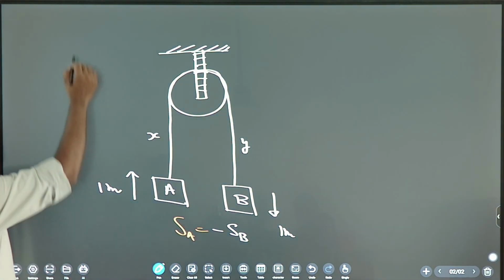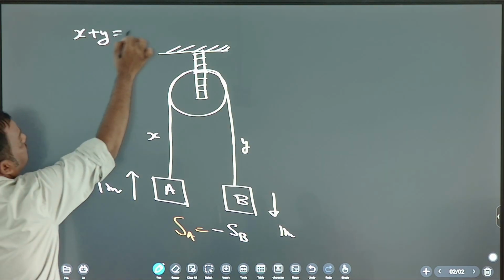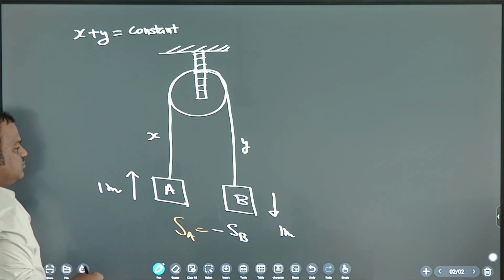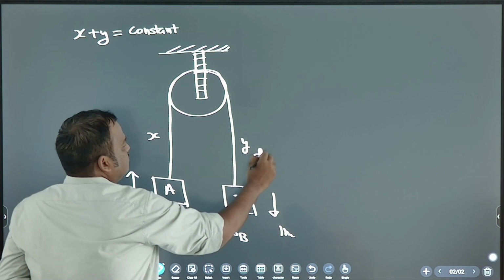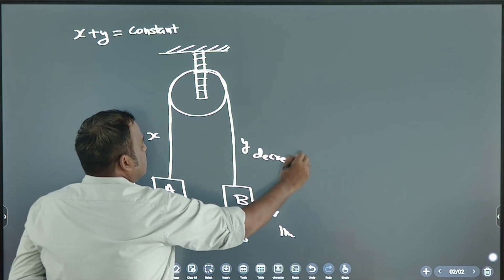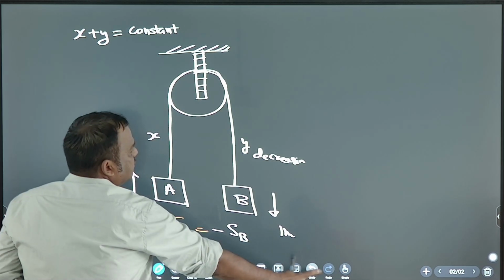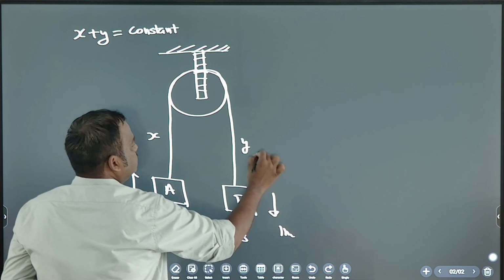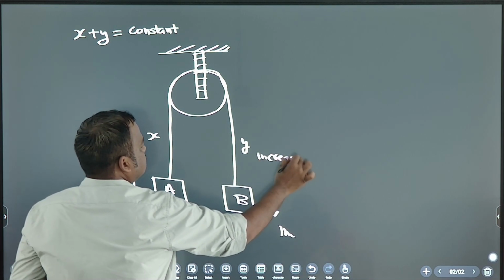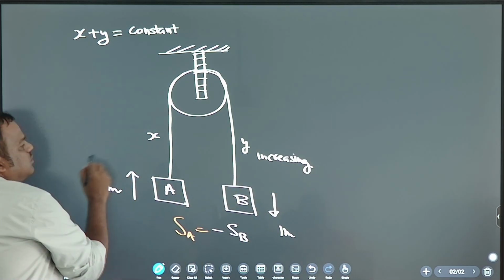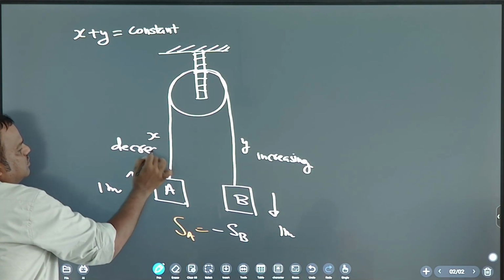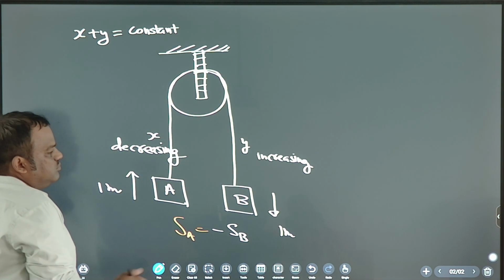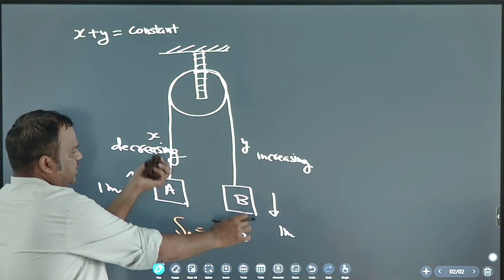Correct. Because x plus y is constant. So if y is increasing, x is decreasing, right? Because B is going down, A is going up like this.